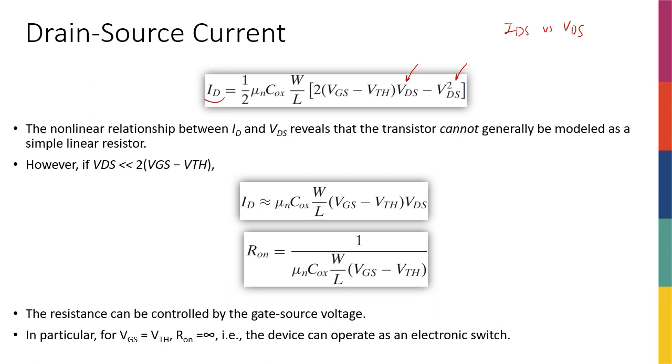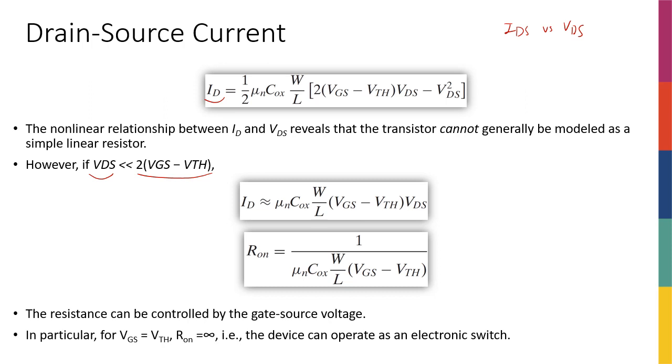However, I do appreciate the fact that if VDS is actually quite small, let's say VDS is much smaller than 2 times VGS minus VTH, then let me give you some numerical examples.